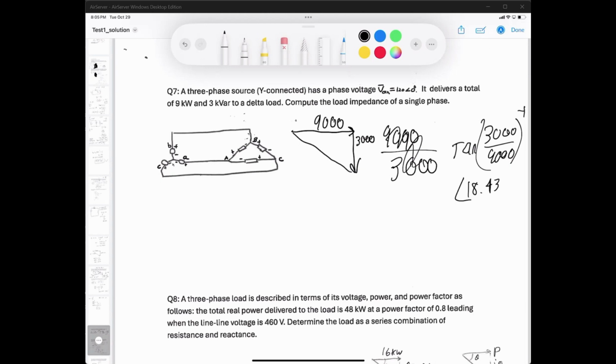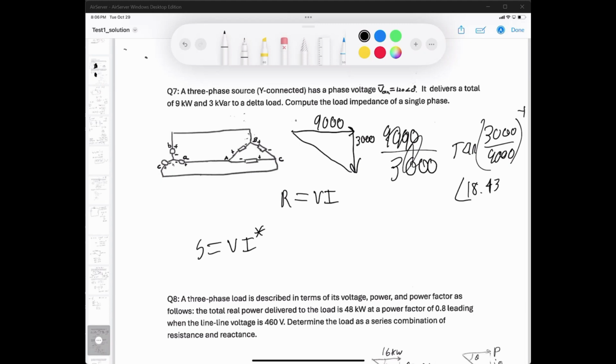So now we need to find the magnitude of that, and we know that S is equal to voltage times the conjugate of I. We don't know I, but we can find S. S will be the magnitude.